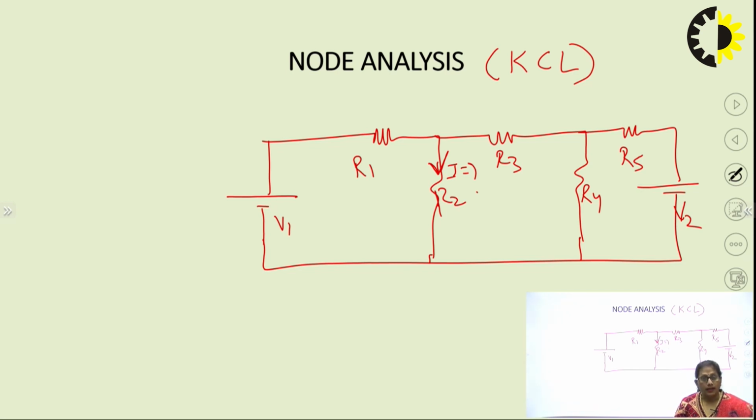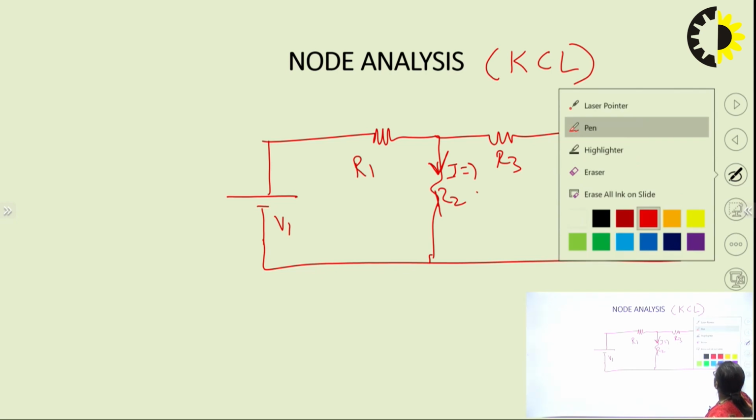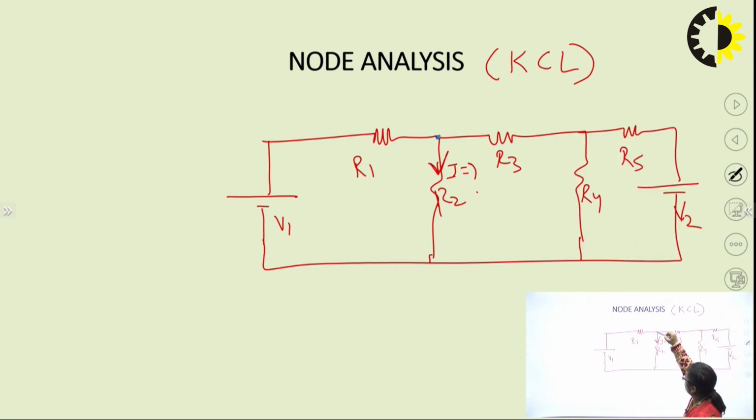In this network, how many junctions are there? I see 3 junctions: junction number 1, junction number 2, and junction number 3. So the first point is over: identify the number of junctions.